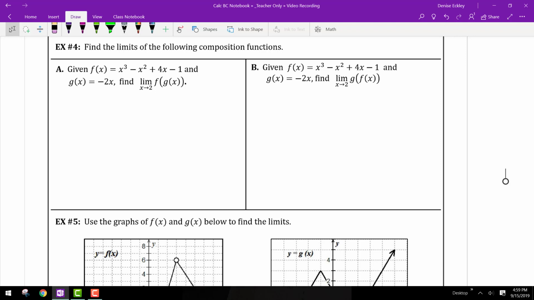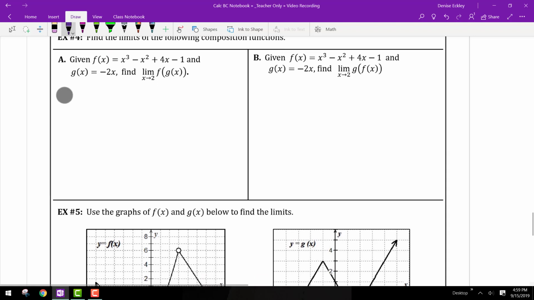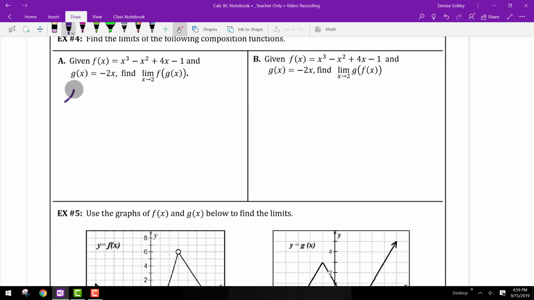So we want to rewrite it using our limit property. So we want to think of this limit of, in this respect, f of the limit as x approaches 2 of g of x.